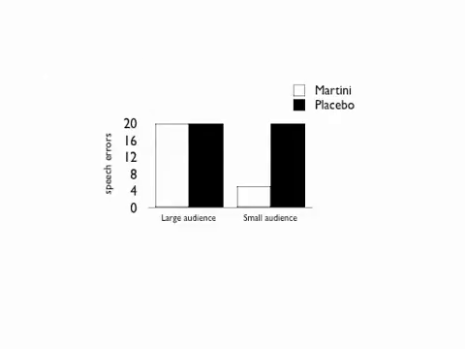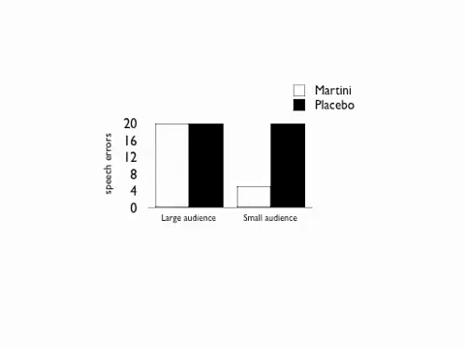So I'm going to give you a couple more examples of this. Let's go back to the Martini study, where we're looking at a 2x2 factorial design that's testing for effects of drink type and audience size on the number of errors one makes when given a speech. So here is one way that those results could have come out.